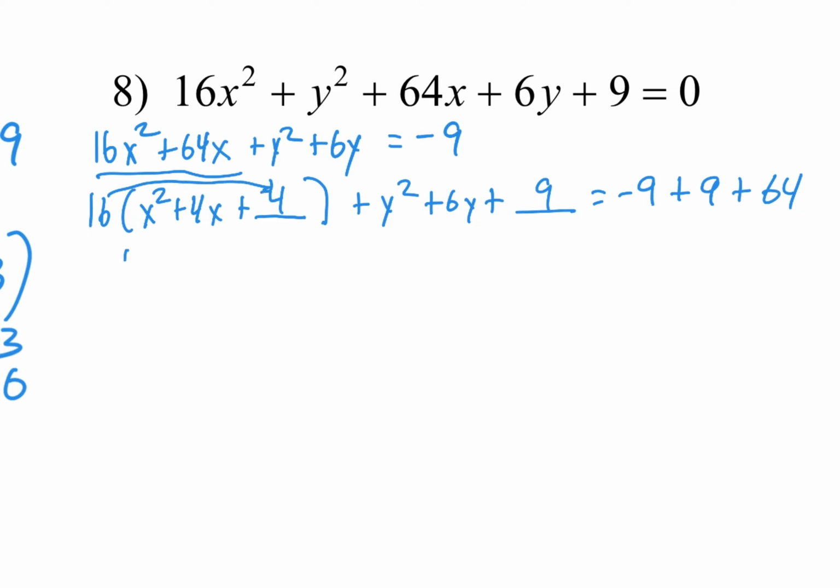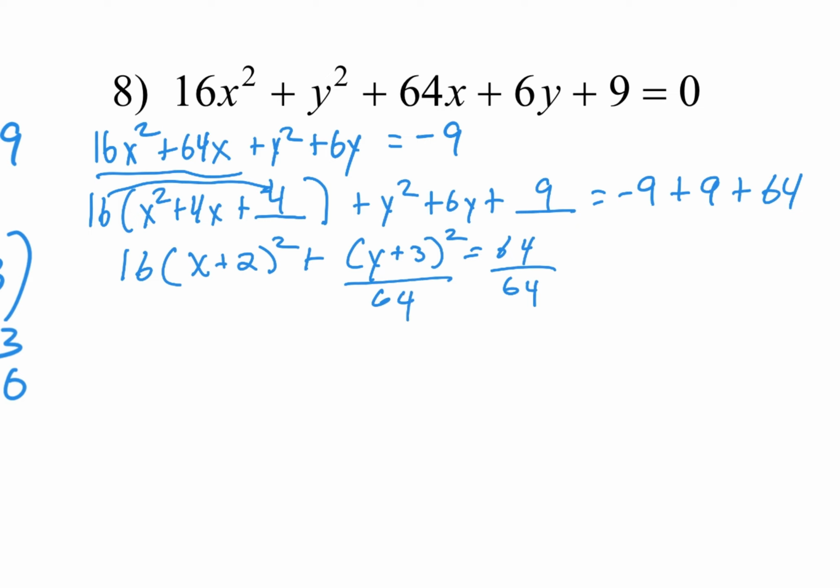So now we factor. So that's 16 times x. The b value is plus 4, so half of plus 4 is plus 2, squared. Plus half of plus 6 is plus 3, squared. That's going to equal 64. Negative 9 plus 9 plus 64. Divide everything by 64.